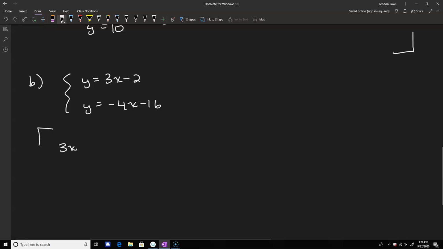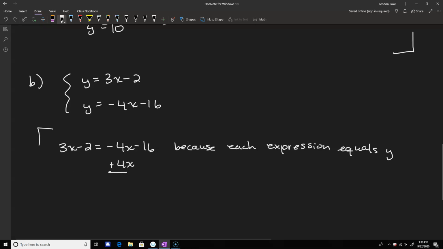We just say 3x minus 2 is equal to minus 4x minus 16, and that's because each expression is equal to y. Then we can go ahead and solve: add 4x to both sides, so we'll have 7x minus 2 equals minus 16.